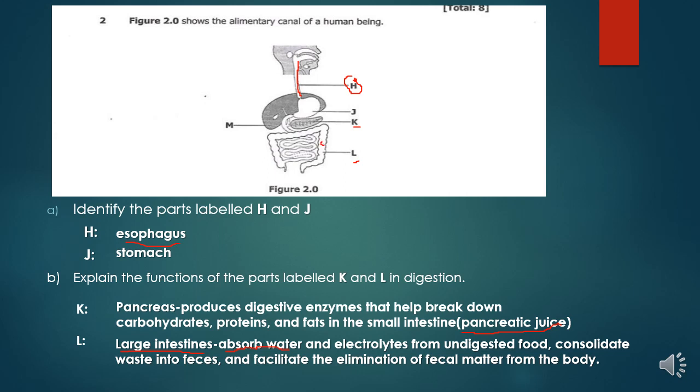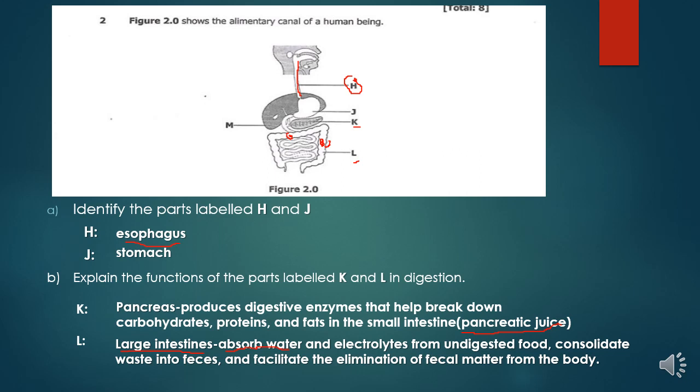Let's say that the food material is there in the large intestine. This food material is going to get absorbed into the blood, and as it is absorbed into the blood, the body will use each and every absorbed nutrient.